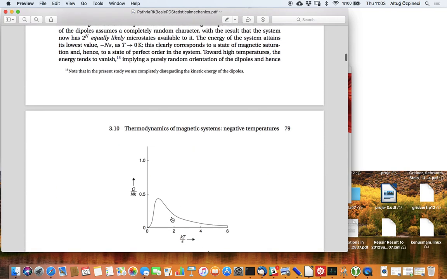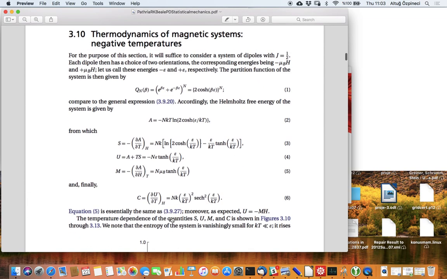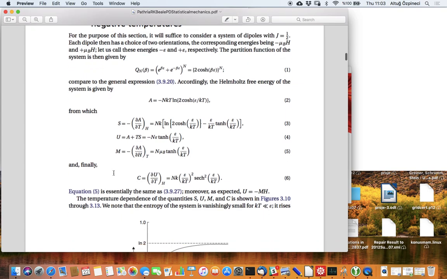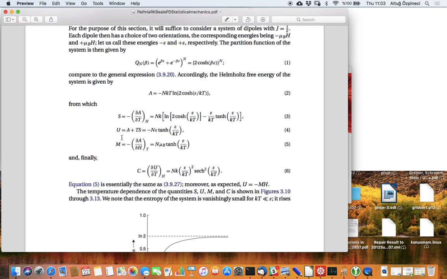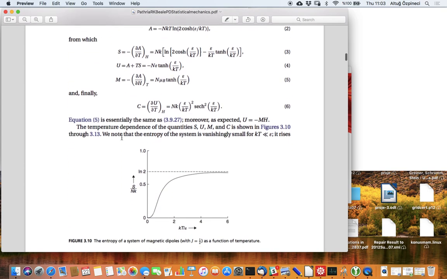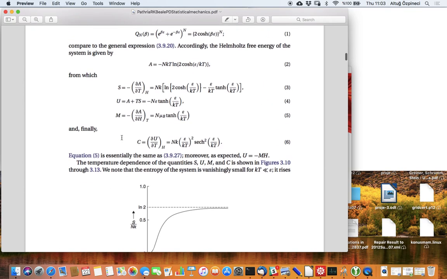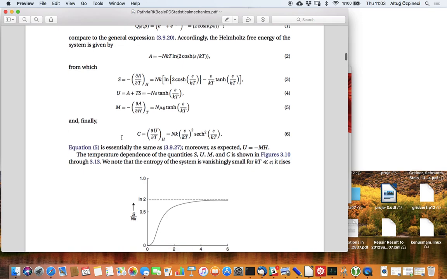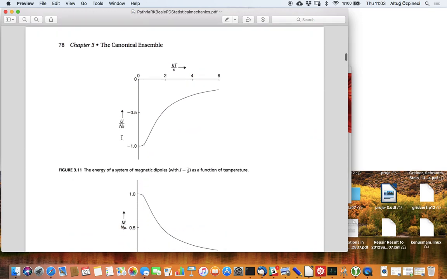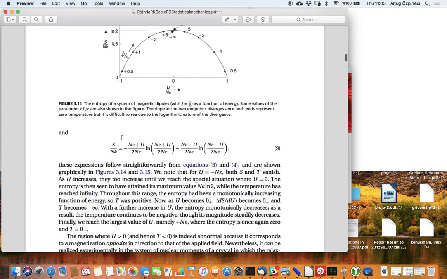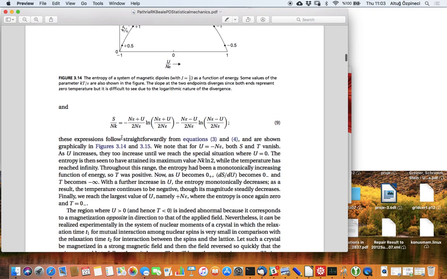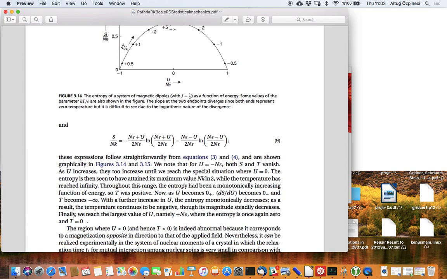So this is the Schottky anomaly. Okay, so this is the entropy as a function of U.